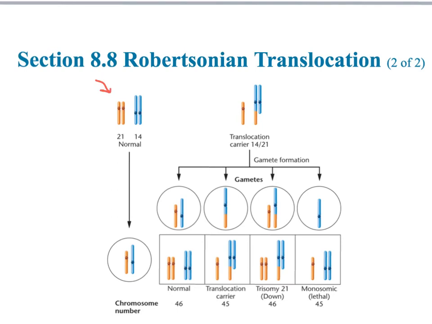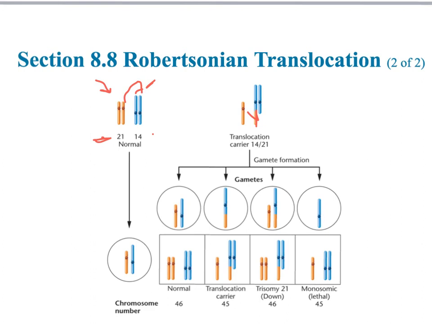The familial or Robertsonian translocation involves chromosome 21 and chromosome 14. So one of the chromosome 21s translocates. It just kind of floats on over to the one next to it and attaches onto the bottom there. That new chromosome is often called a translocation carrier of chromosomes 14 and 21.